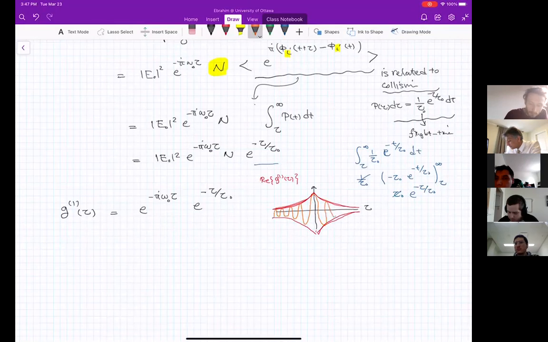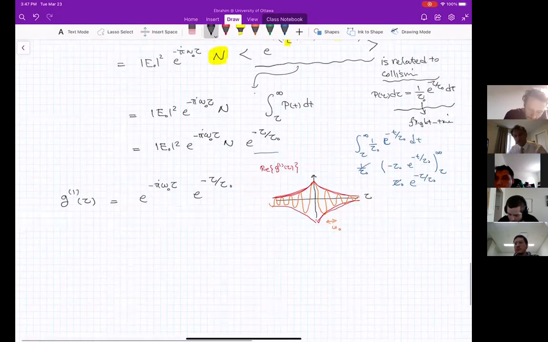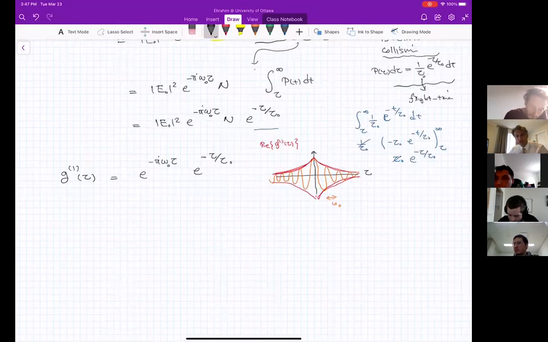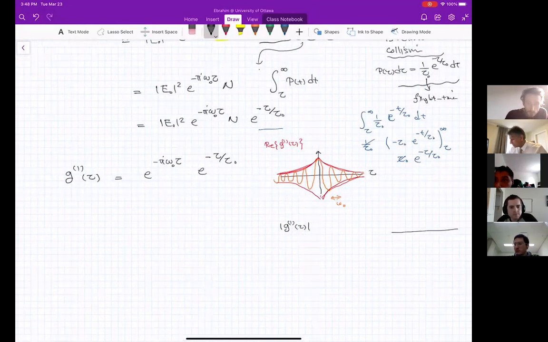It's like that. And the frequency is omega naught. As I say, in many books, they don't look at the real part of G1, they look at the absolute value of G1. If you look at the absolute value of G1 of tau, the absolute value looks like this.